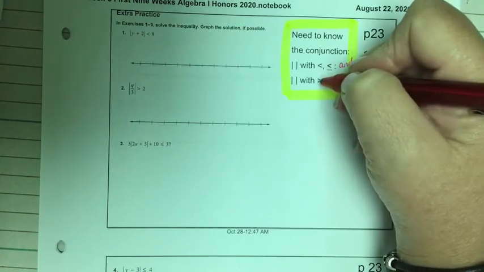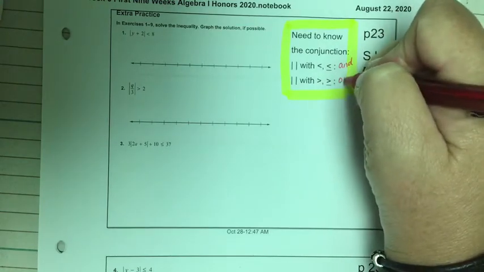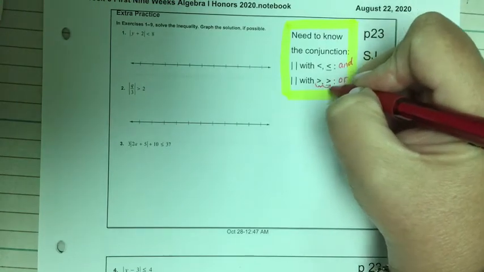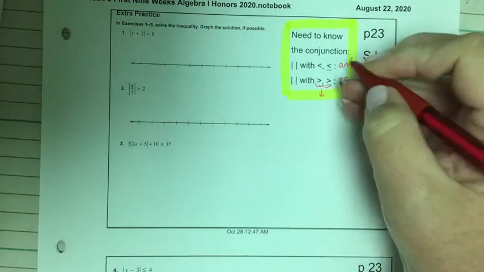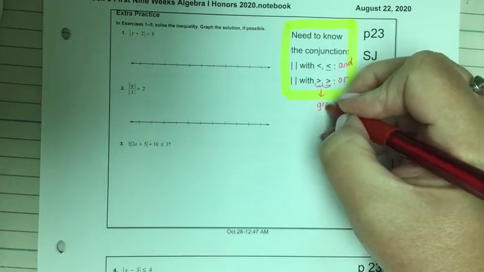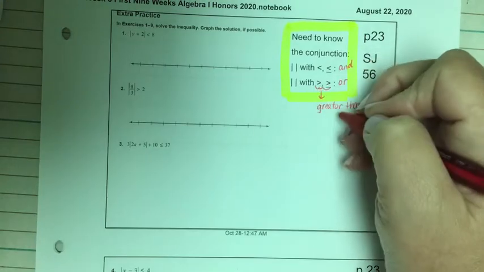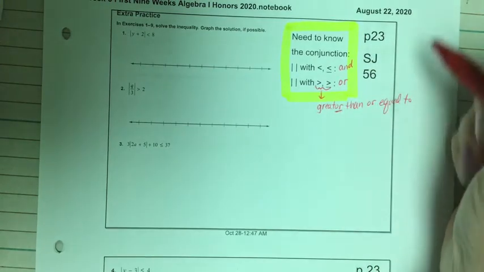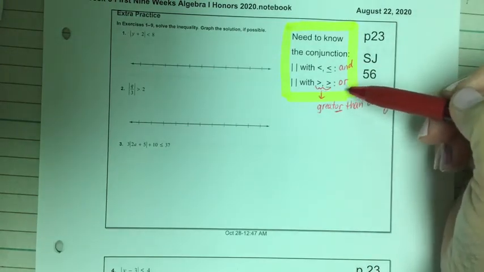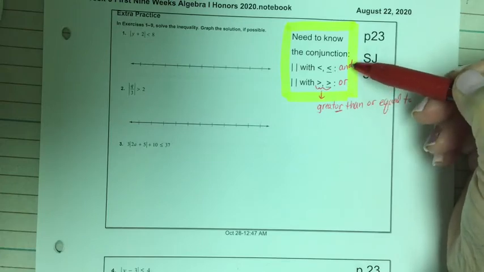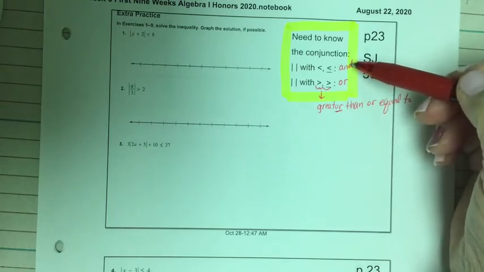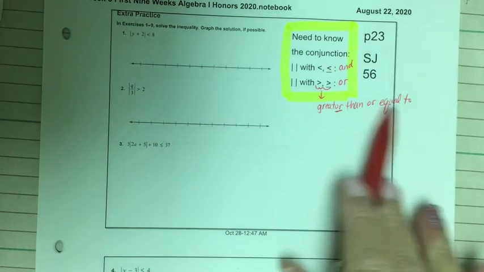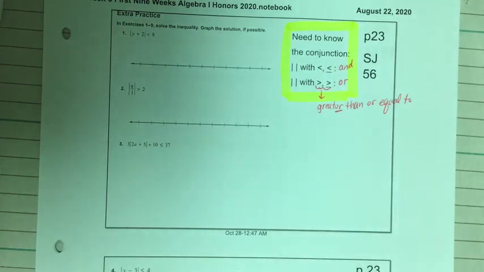When you have greater than or equal to, that's an or. One memory device I try to use is to say "great-or than." So if you have greater than or equal to, it's an or. If you have less than or equal to, it's an and. So that's one way you might be able to remember which symbol goes with which conjunction.